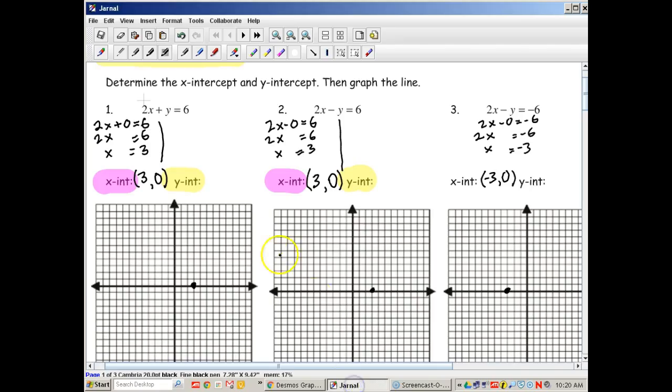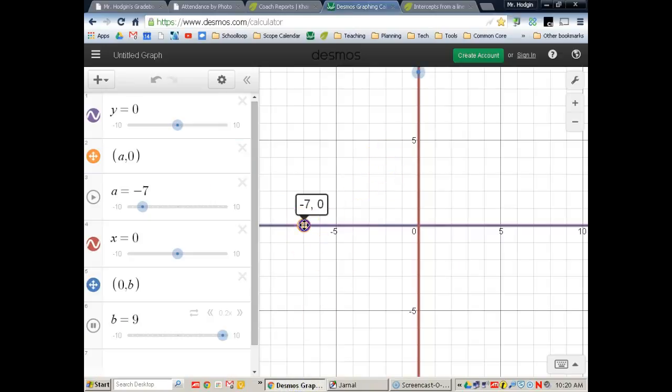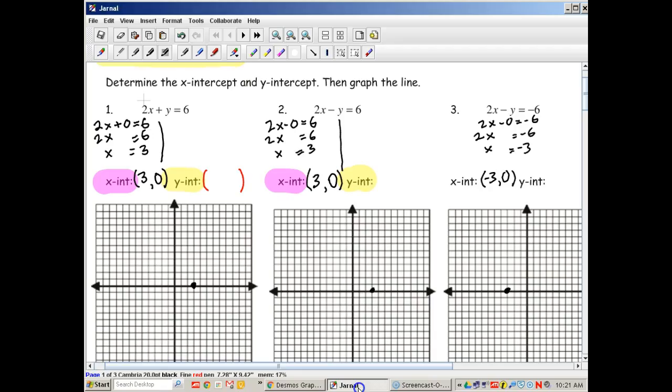Right? So we can go through and find the y-intercept as well. Very similar, except that for the y-intercept, the x is 0. So you put a 0 in for the x.